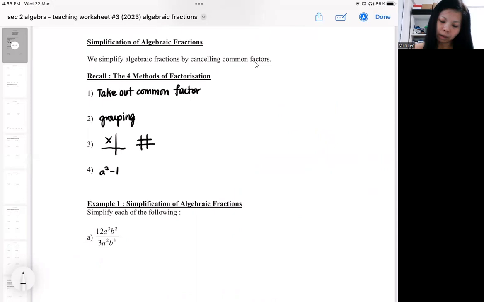One of the common identities that we use is actually this one. These are the 4 methods that will help to create a multiplication status. Let me show you further.